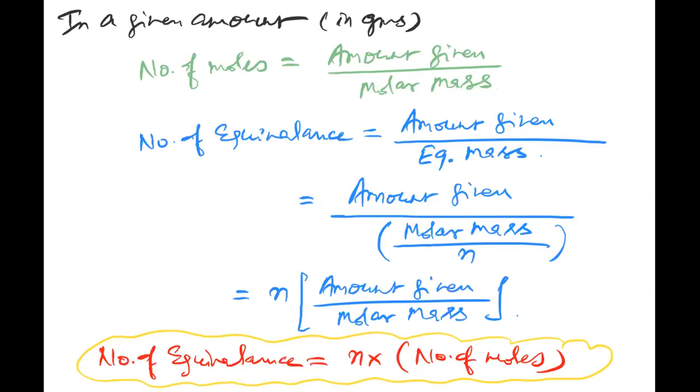I hope you have noted down this. Number of equivalents is n factor times number of moles. Okay, let's move further.